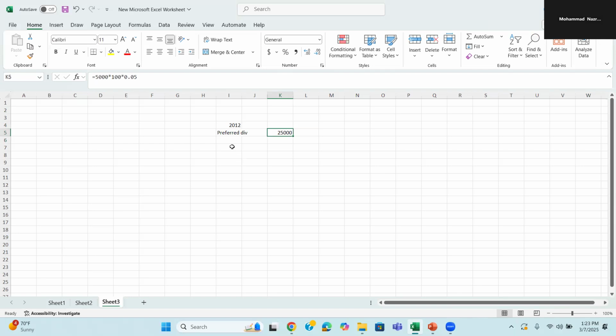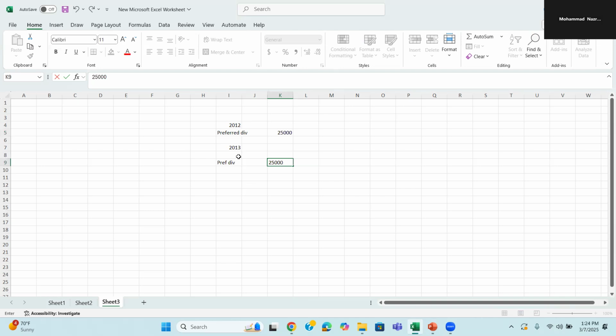And then in 2013, you have the same, right? In 2013, you have the same amount of preferred dividend due because it is cumulative. I'm just writing short, preferred dividend. It should be again 25,000, right?